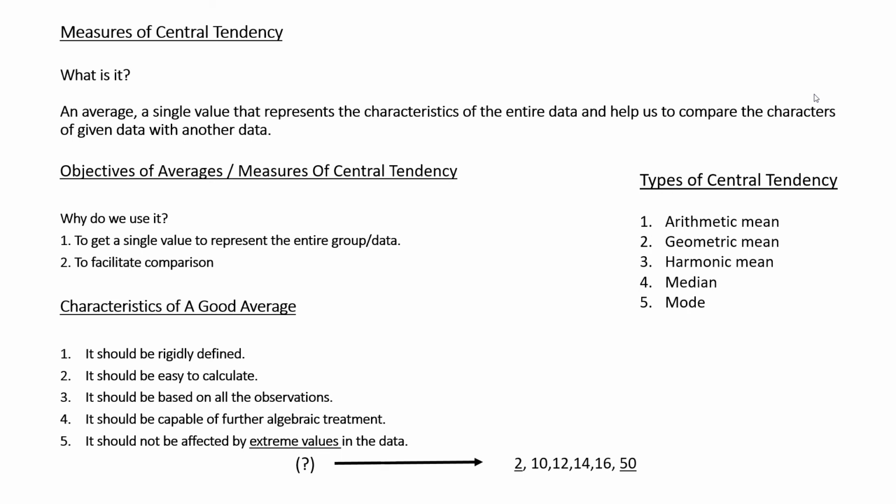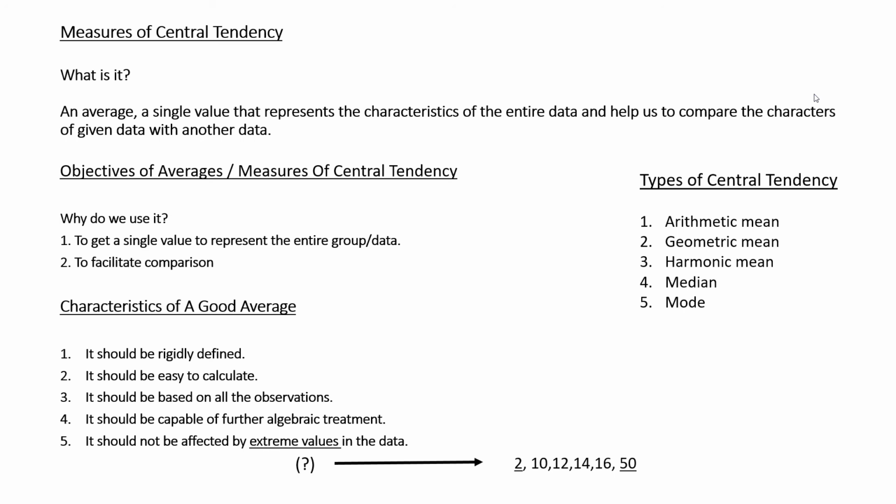So like this, a good average should not be affected by an extreme value in the data. Clear? So these are the characteristics of central tendency, or these are the characteristics of a good average. When all those characteristics are fulfilled, we can call an average a good average.